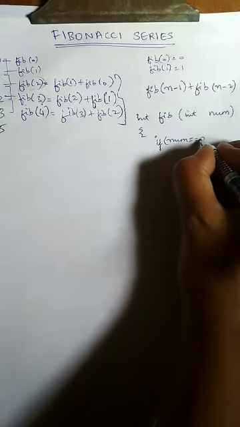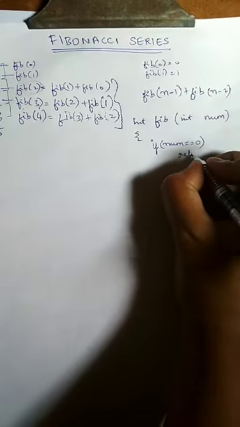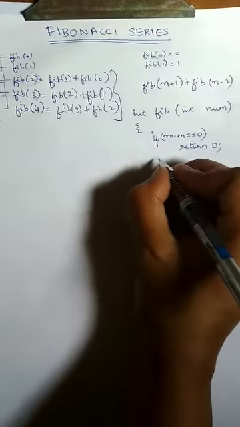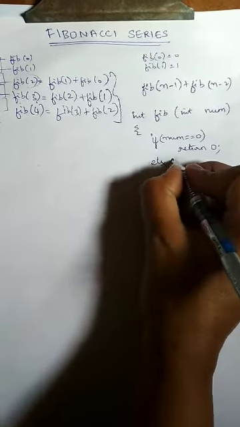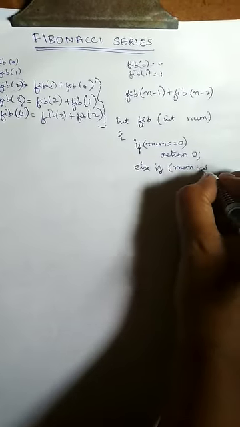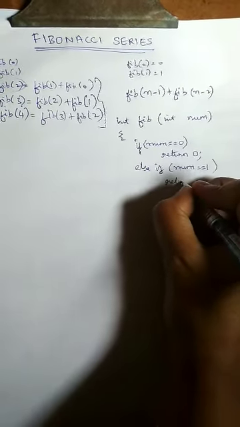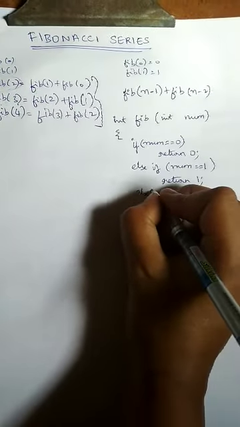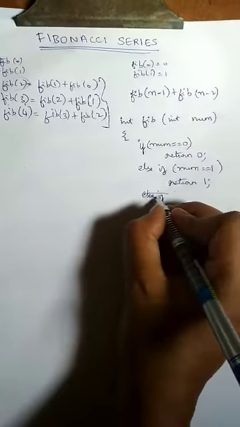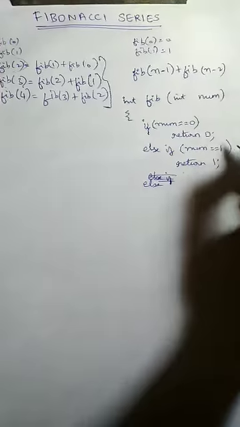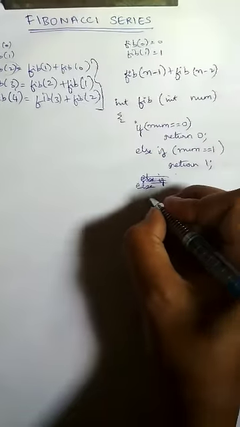If the number is 0, then return 0. Else if the number is equal to 1, return 1. For the rest, we can just write else, since it is understood that it is not 0 or 1.